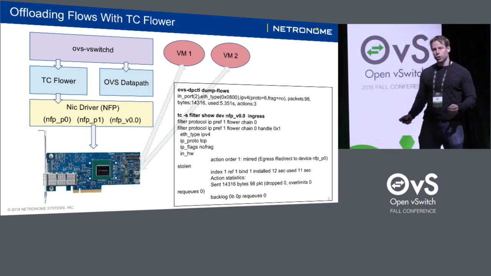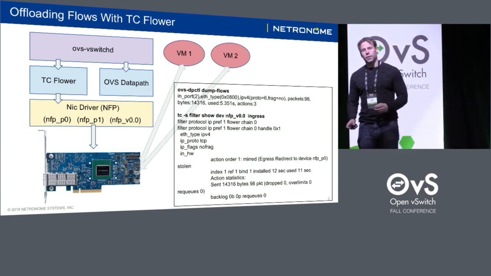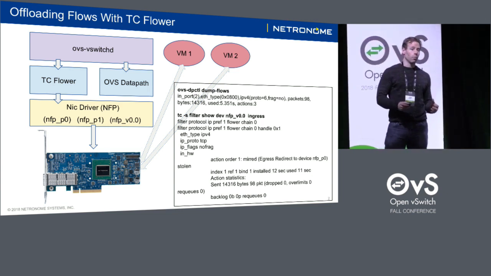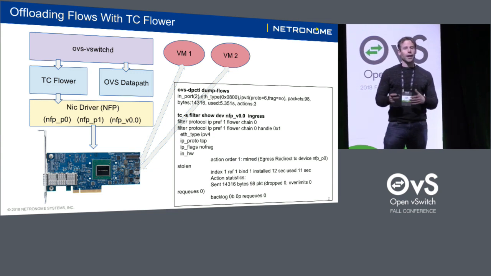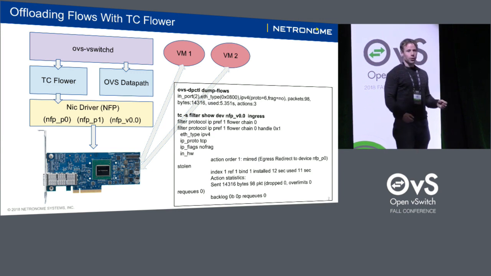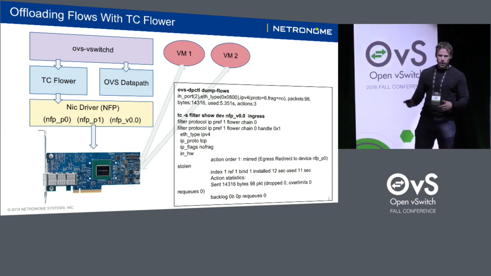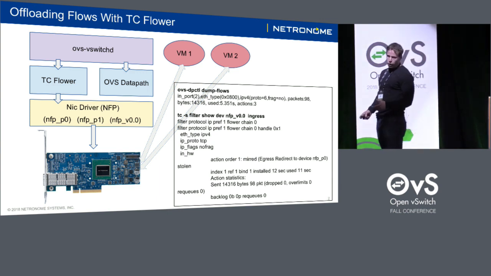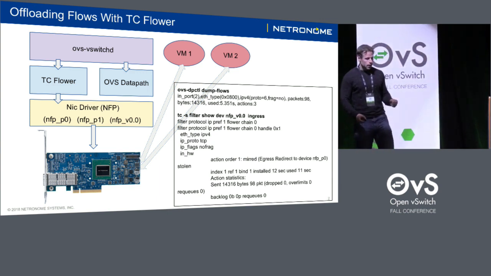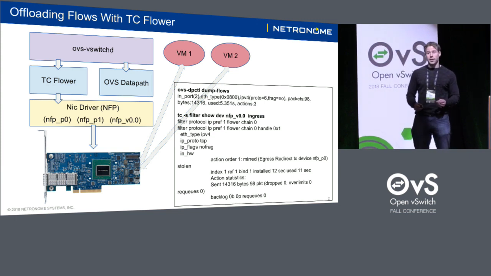TC is the traffic control subsystem within Linux, and it works on the idea that you apply what they term a qdisc to a given netdev or a port. To this qdisc, you can then apply, say, traffic shaping algorithms, congestion control algorithms, but you can also apply filters. And the filters that we apply here are called TC flower.